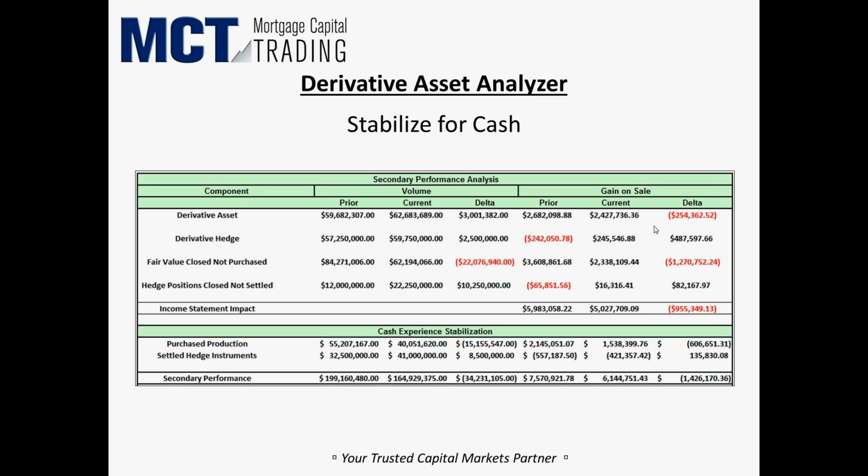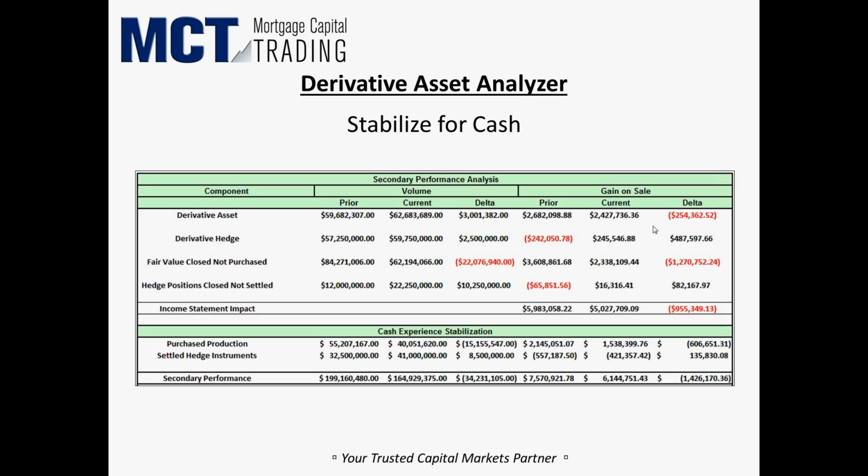But you can see you're still adding basically an additional $450,000 to the problem. When we've taken a look at timing, you can see that the actual performance here has actually gotten worse. We're now looking at, on 199 million, a $1.4 million loss.